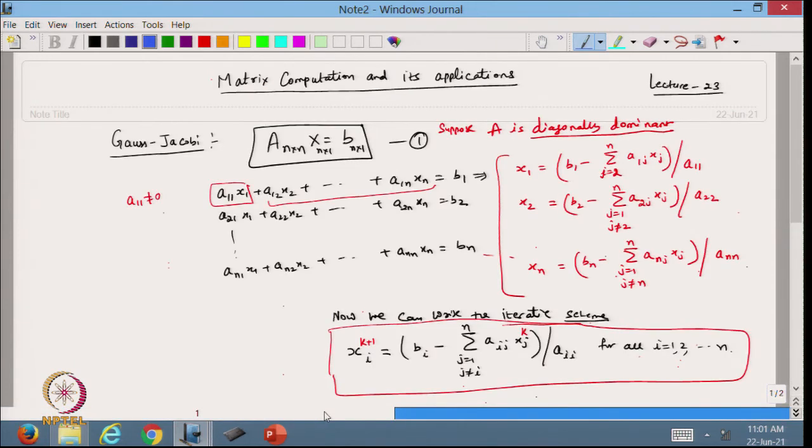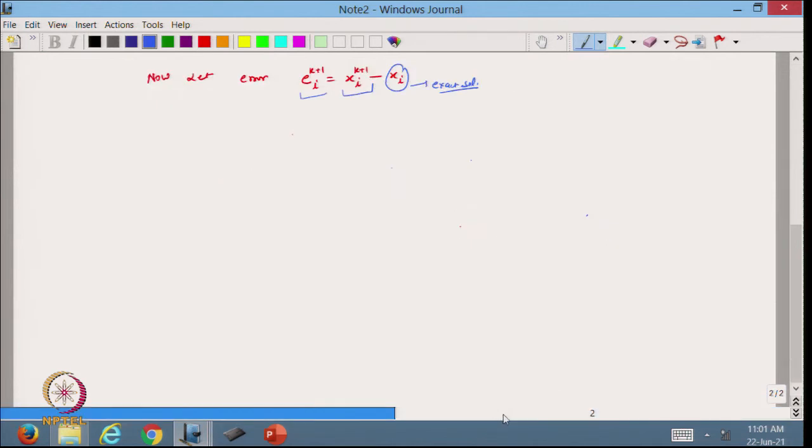Now, this equation I can give the name as equation number 2. Also, I can write my x i is equal to b i minus summation j from 1 to n, and j is not equal to I, a i j x j, divided by a I, where I is 1, 2 up to n.